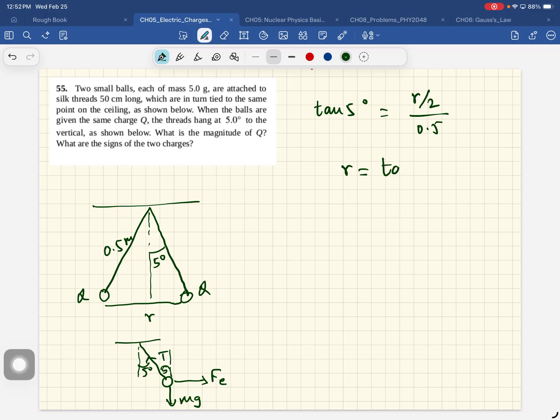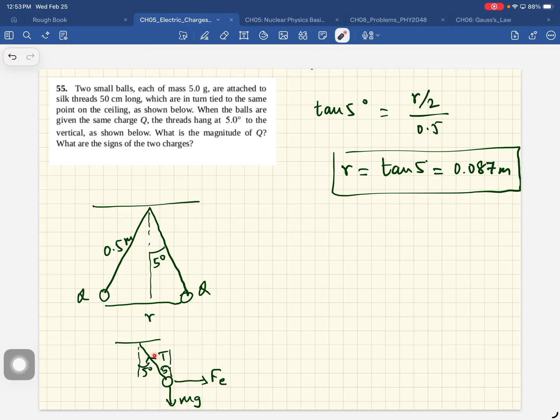Let's say this is equation 2, this is equation 1. 2 divided by 1 gives tan phi equal to kQ squared by R squared divided by mg. What are we looking for? Q. So let's solve for Q.